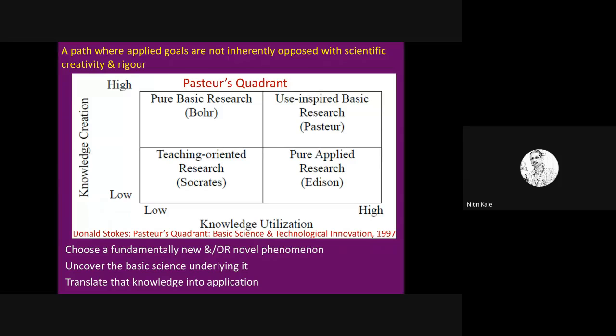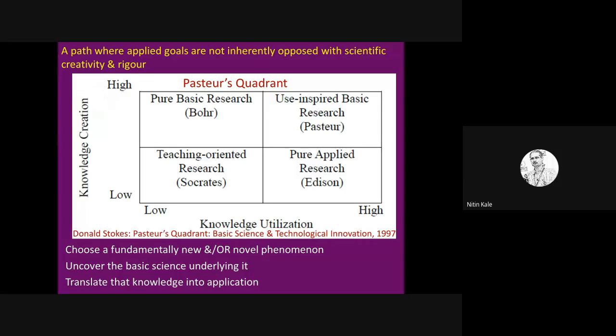So vaccination today, again, as you can see, although I won't say that Pasteur was the person who discovered vaccination or immunization technique, he has a major role to play. At least his idea of use-inspired basic research is also adopted in the vaccines example.